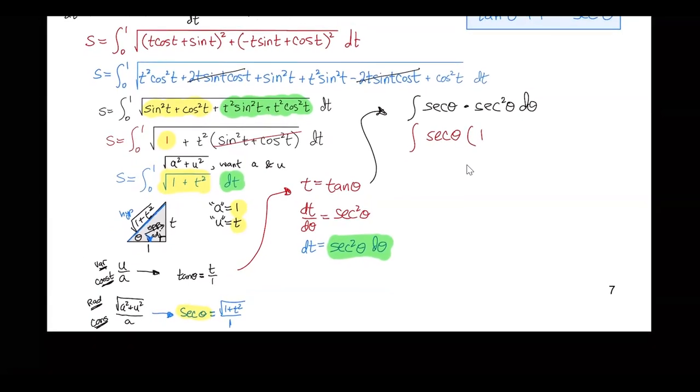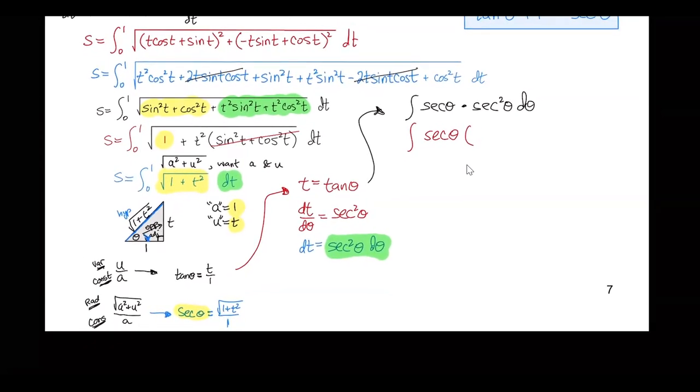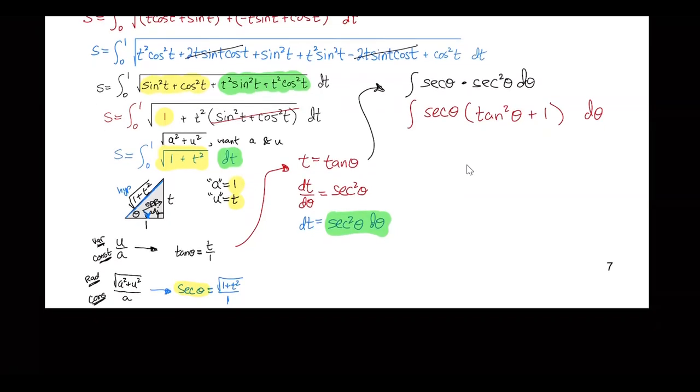Sorry, tangent squared. It doesn't really matter, but I just wanted to keep it consistent with the formula I just wrote. So, d theta. All right, so we can make that substitution and then go from there. So in that part of the process, we now have the product of two expressions.